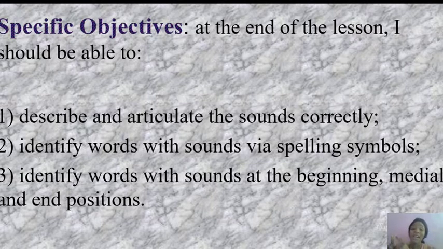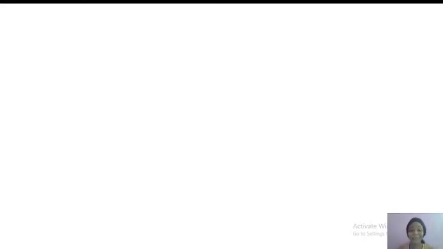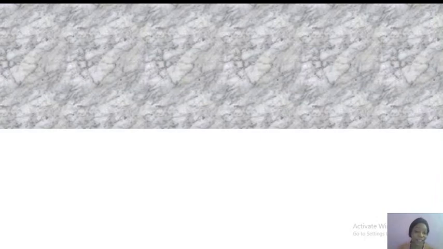Words that have the L and the R sounds at the beginning, in the middle, and at the end. And you should also be able to identify words that have the sounds but are silent.